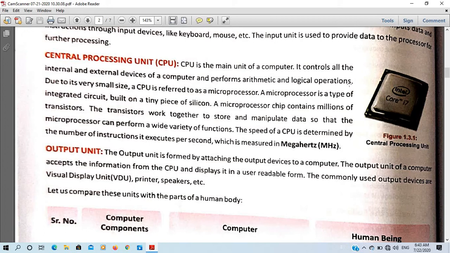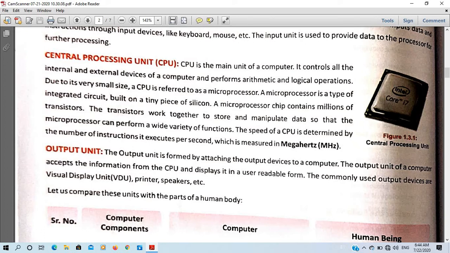So all things are controlled and managed by this CPU, and you will learn that it performs arithmetic logical operations, that is the ALU, and there is also a memory unit and a control unit. These three units work together in the CPU. You will learn this in just the next topic.